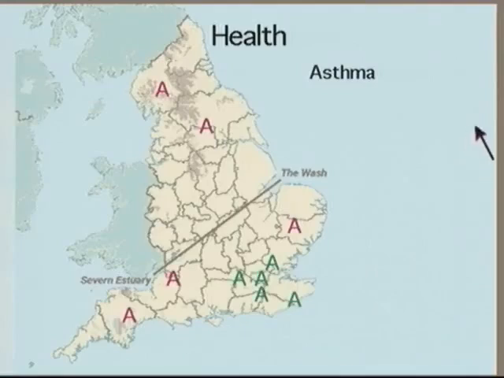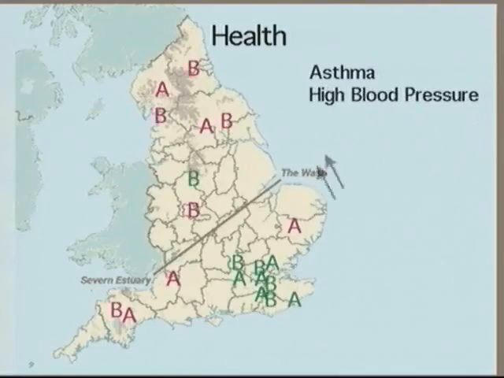Let's have a look at blood pressure, high blood pressure. Now here, Manchester, I think it is, has a fairly good blood pressure rating, but everywhere else in the north and also in the southwest is within the lowest, the worst, 5 worst, whereas the 5 best are again in the southeast, except for this one.